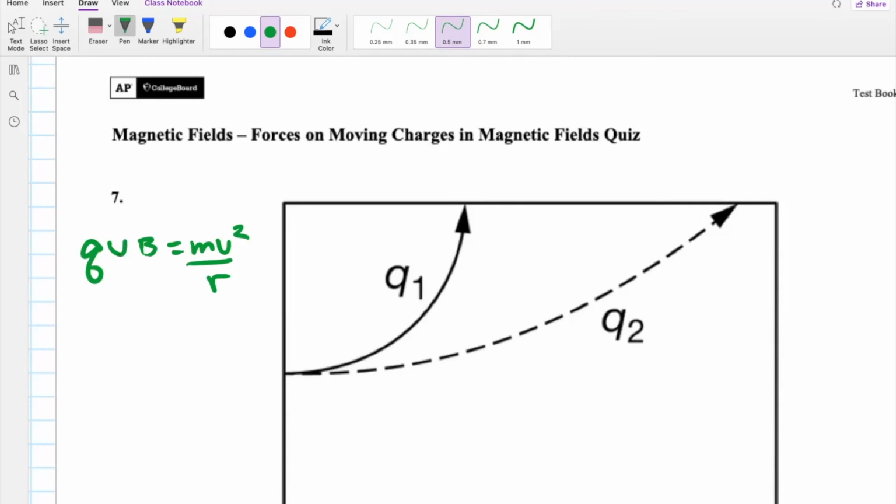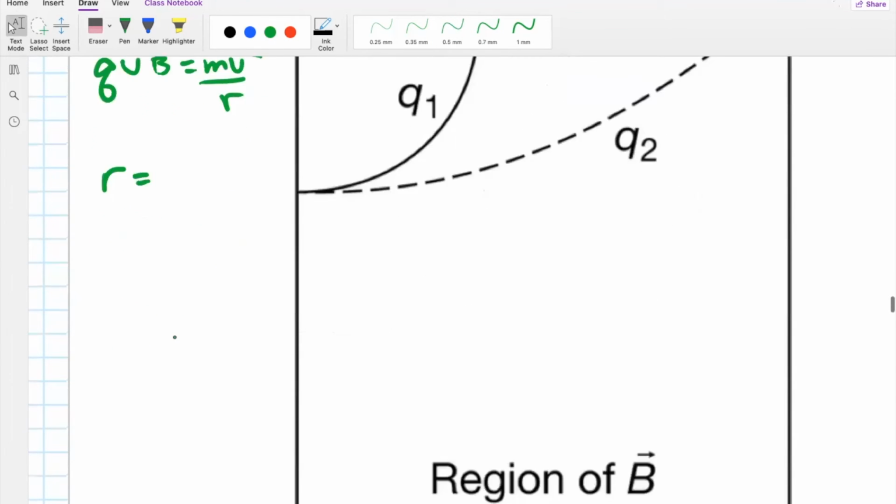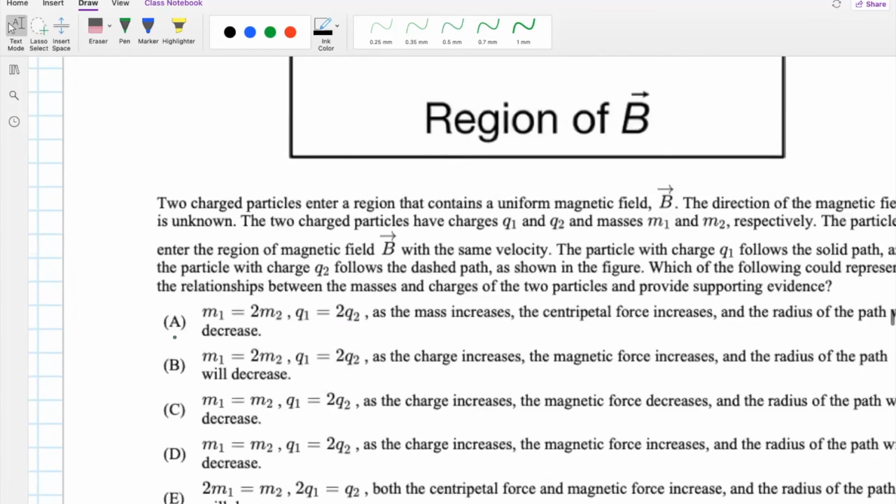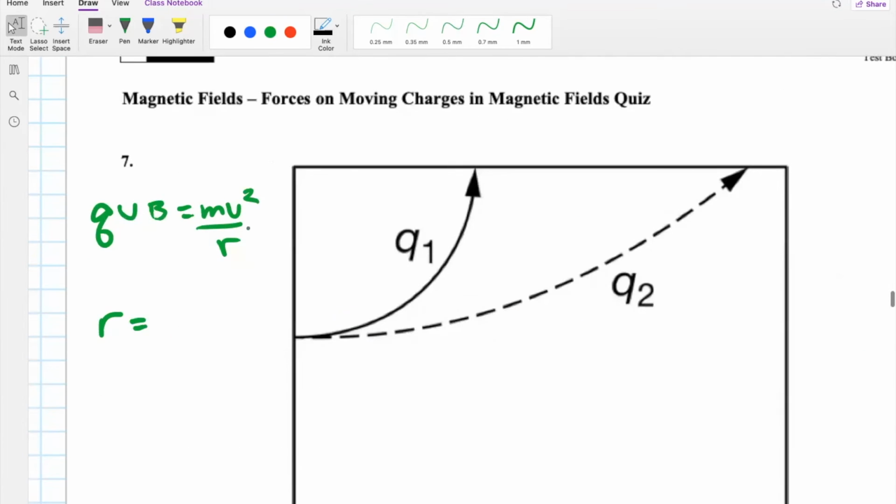And so if we look at this, they want us to have a relationship between the masses and the charges. At the end, the velocities cancel out, the magnetic field cancels out, and I think the proportionality is better written as q is proportional to m over r.